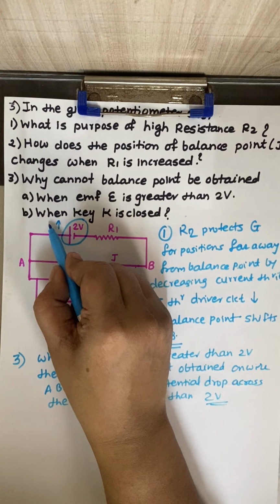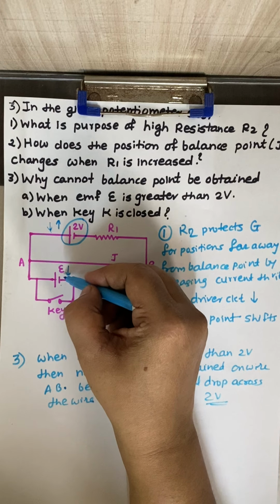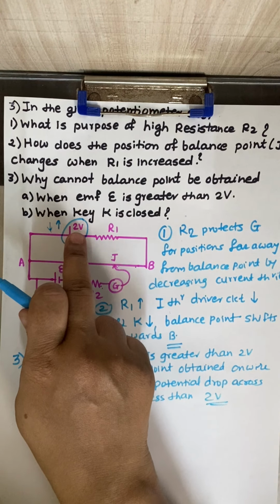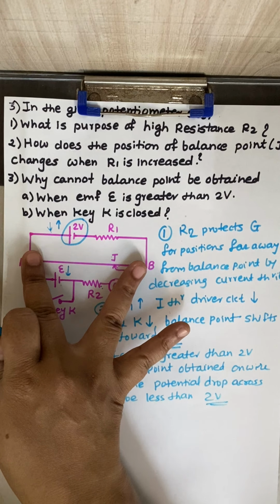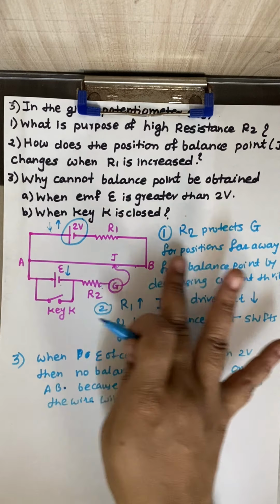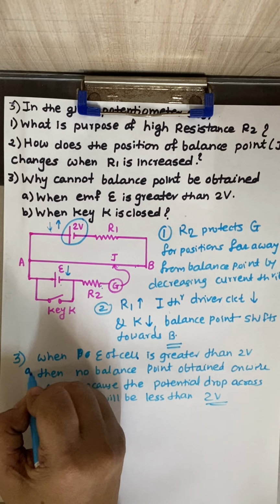But if the potential drop is lesser than the EMF of the cell E, then we will not get the balance point anywhere on the wire. So this is the first reason.